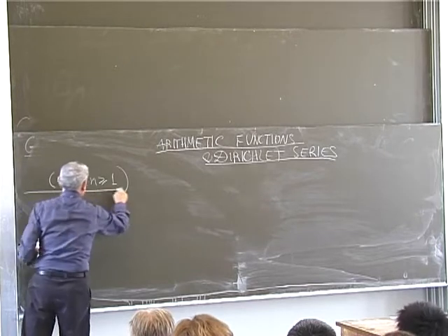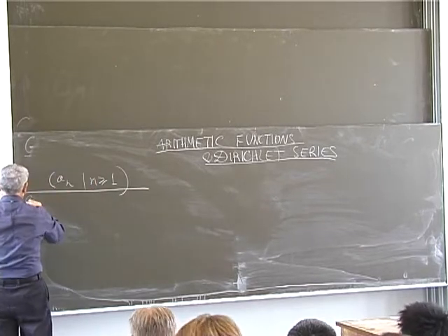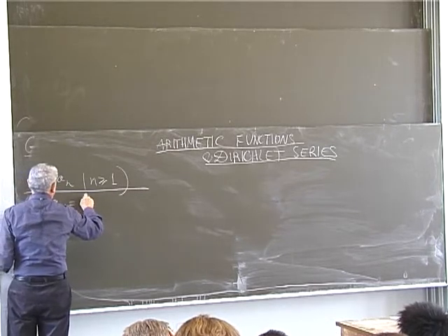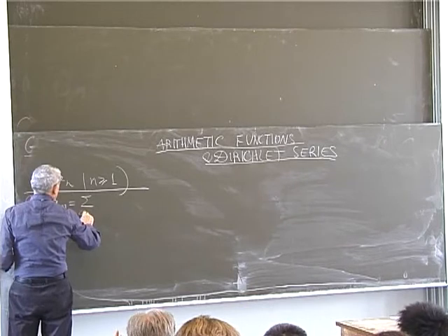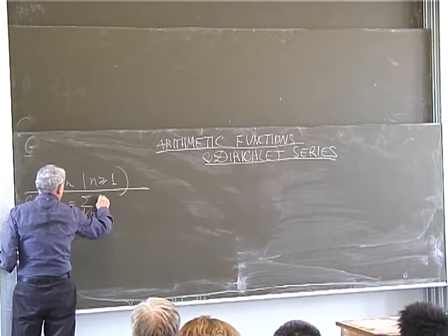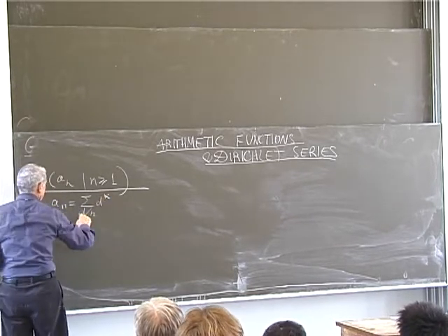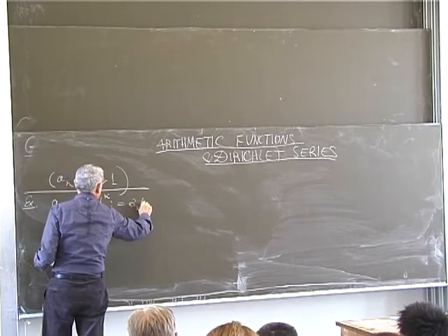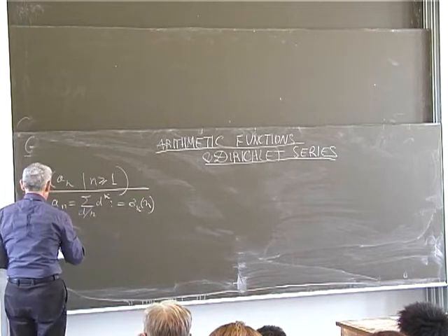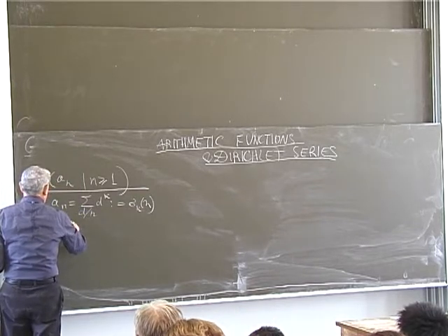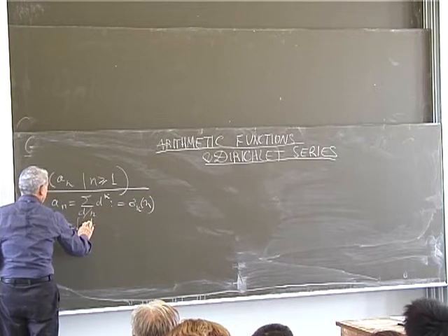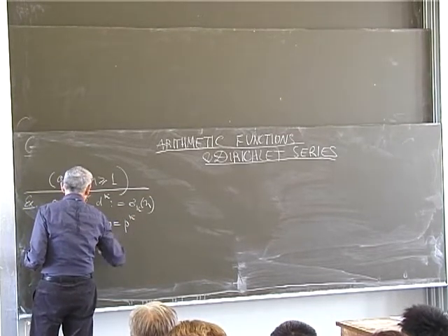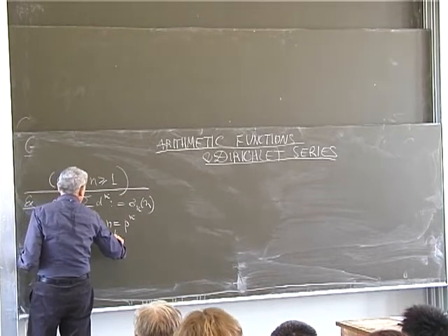Like, for example, say the number of divisors of n, or the sum of some powers of divisors of n, denoted sigma k of n. Or else just 1 if n is a prime, or say a power of a prime, and 0 otherwise.